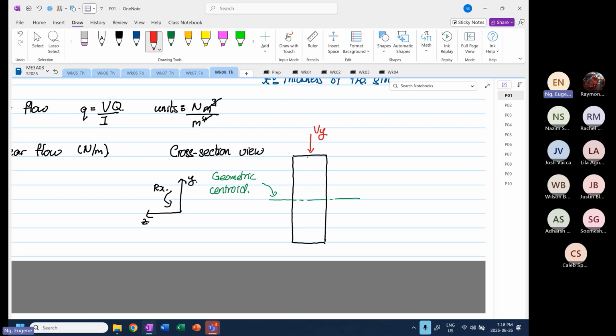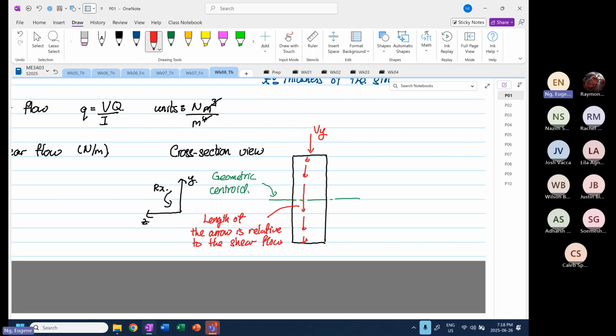Our shear flow starts from here. The length of the arrow is relative to the shear flow, i.e., the longer the length, the higher the shear flow.